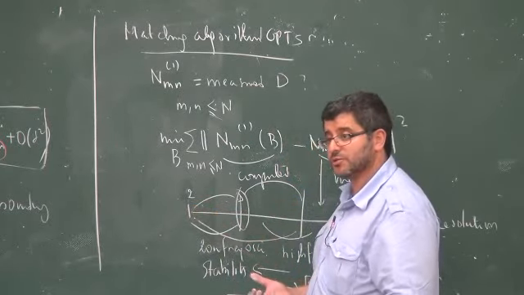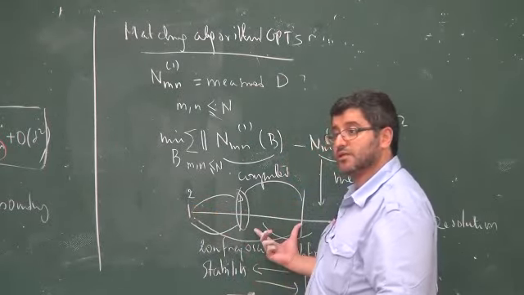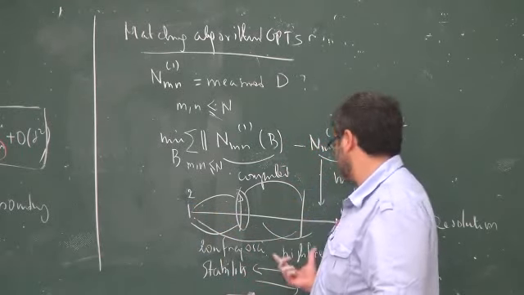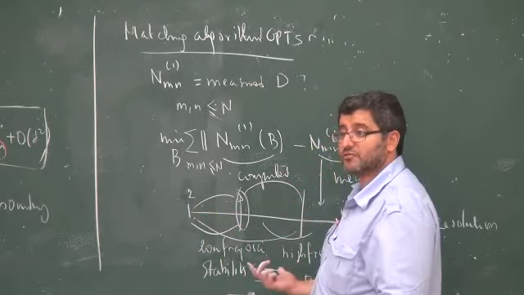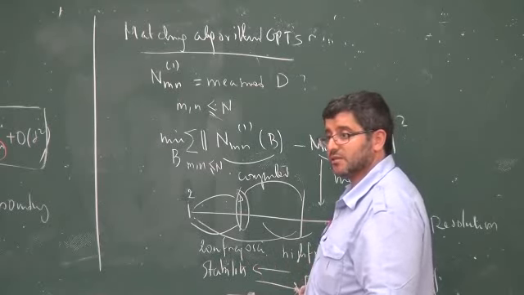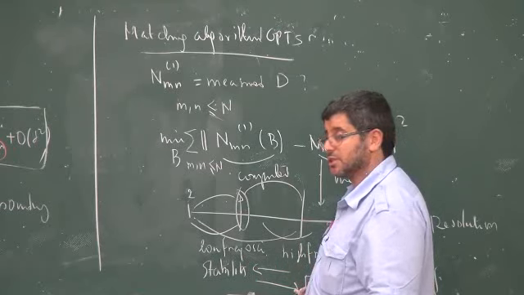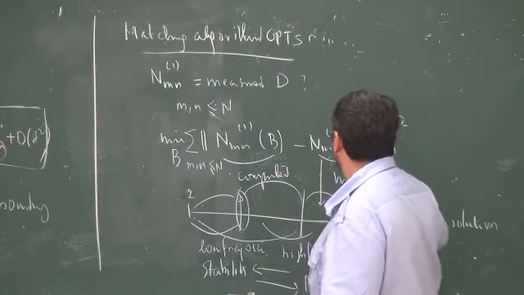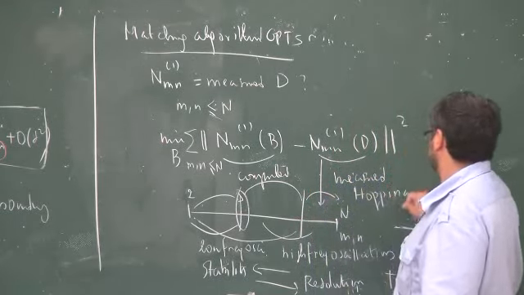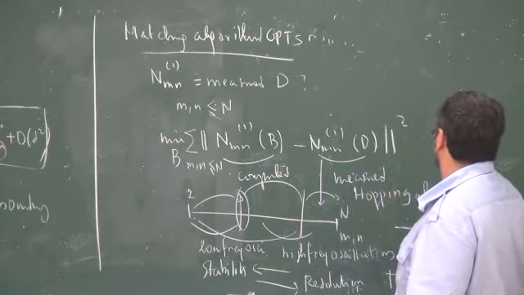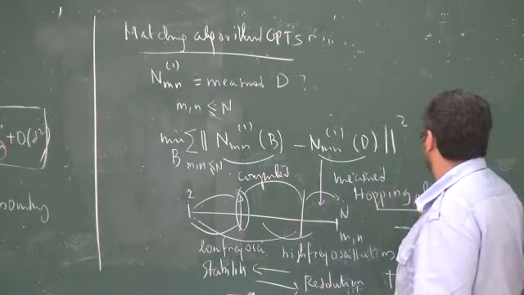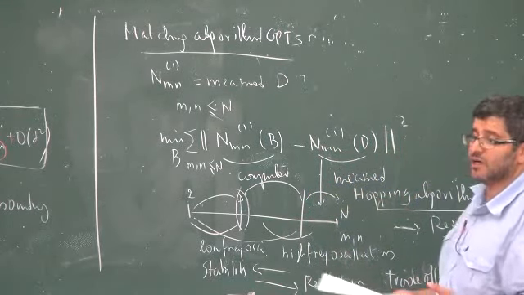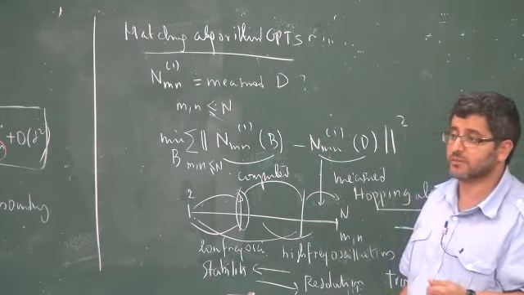Because you are very close to the final solution, you gain some stability, and most importantly you gain resolution. You find all of these small details, and then you do it like this. And this is what is called a hopping algorithm. So the hopping algorithm is kind of handling this trade-off between stability and resolution.